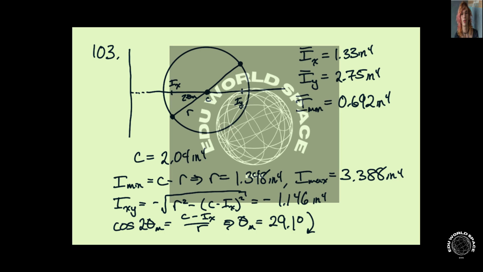And actually that would be a negative, because it's in the counterclockwise direction. So we need to rotate this 29.1 degrees clockwise to get our principal axes.